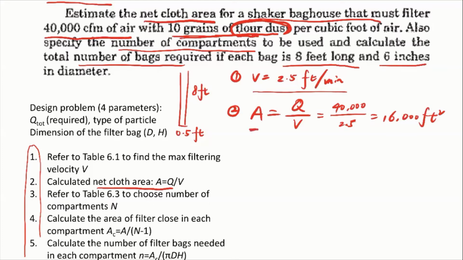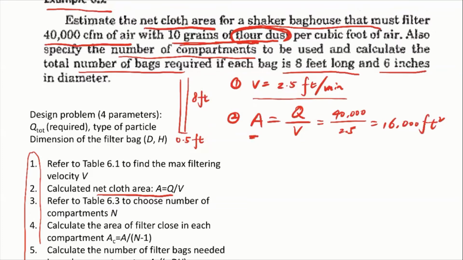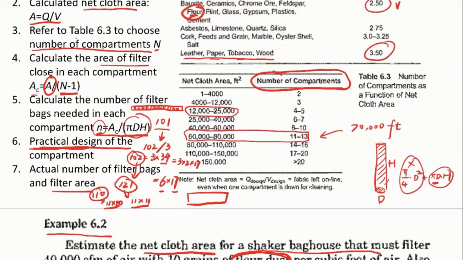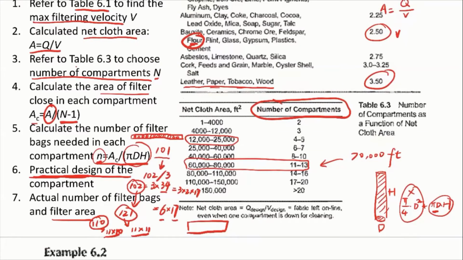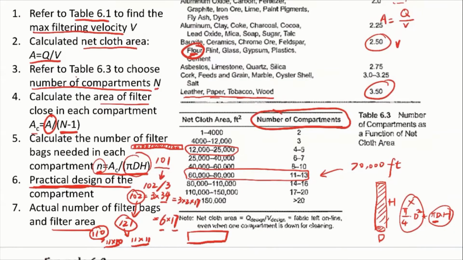So once we have this cloth area, we can refer to this table to find out how many compartments we need, right? We see that 16,000 is here. We can choose either 4 or 5 compartments. I mentioned that the exact number doesn't really matter. We can use whichever number we want.